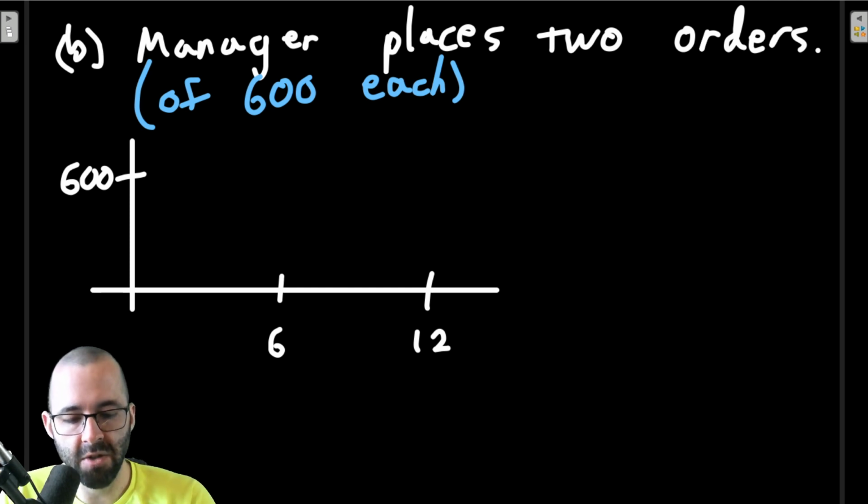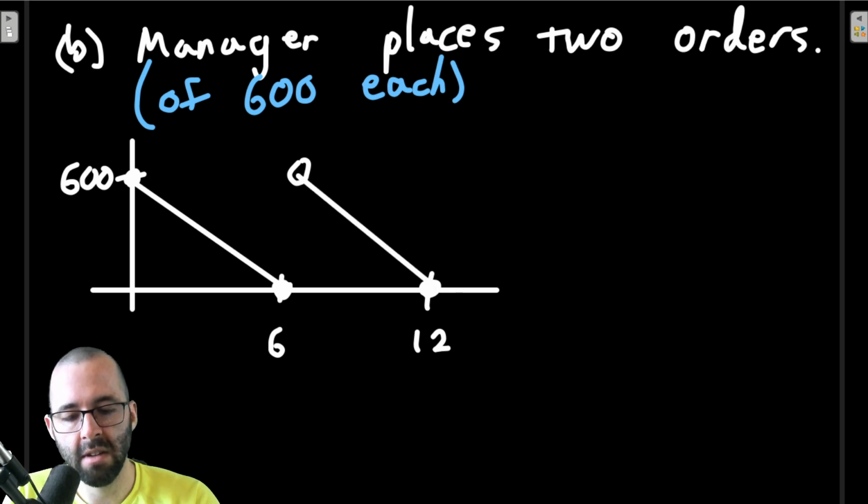So the first 600 is going to last the first 6 months. And then we order another 600, which is going to last the next 6 months. And now this is what our function looks like. So if we order twice, how many cases of orange juice do we average at any random month?